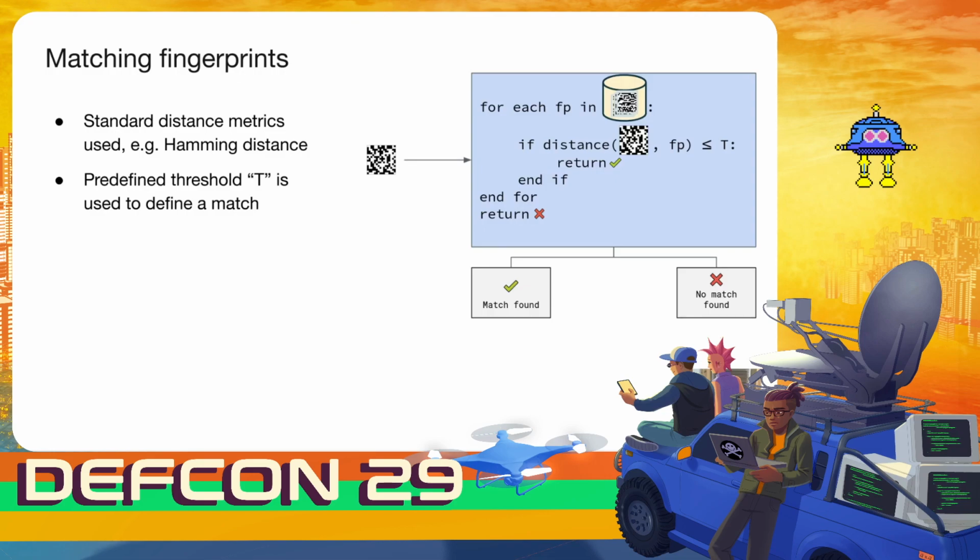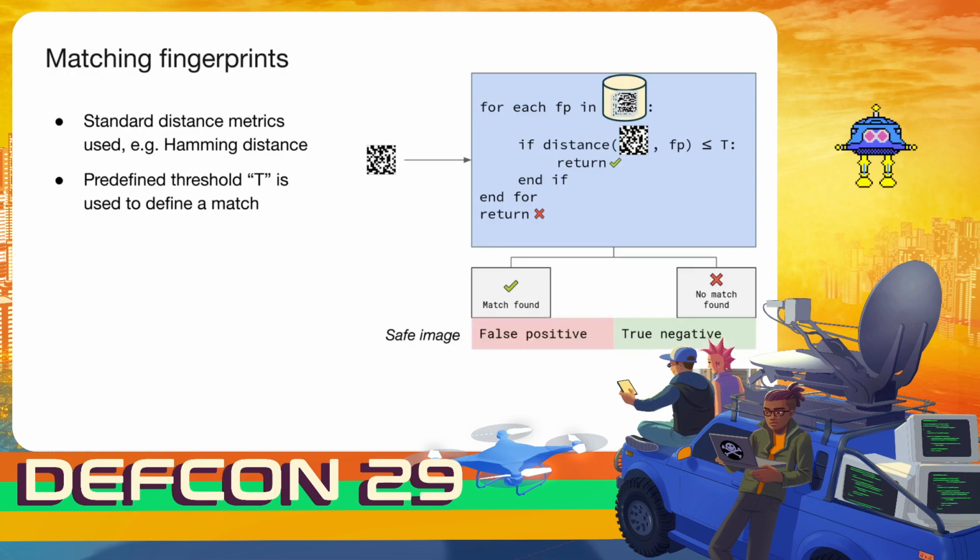Else, if there is no match, it will say no match found. The way the distance metric works, for example, in the case of a binary fingerprint, is that I see how many bits are different between the two fingerprints. And if that number is less than a threshold, I will say there is a match.